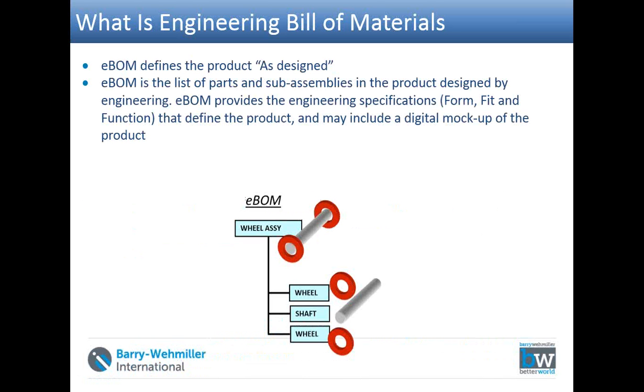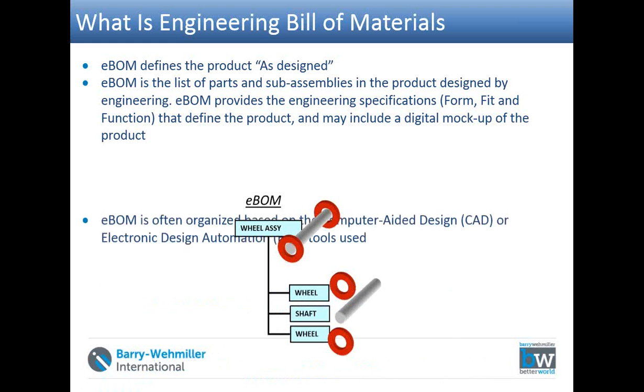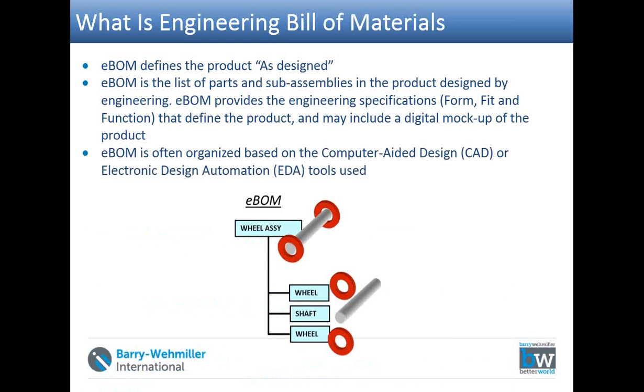And as you know, the E-BOM is the list of sub-assemblies where the product is designed by the engineering department. E-BOM is often organized by CAD applications like Creo and CATIA. And this is how the E-BOM looks, a wheel assembly and the parts within that assembly.